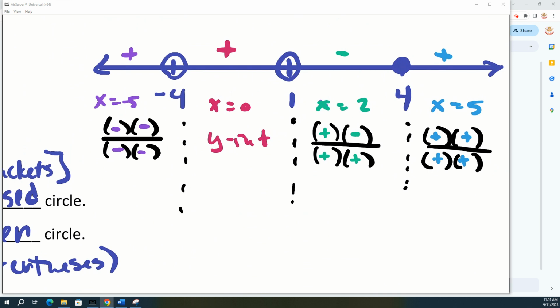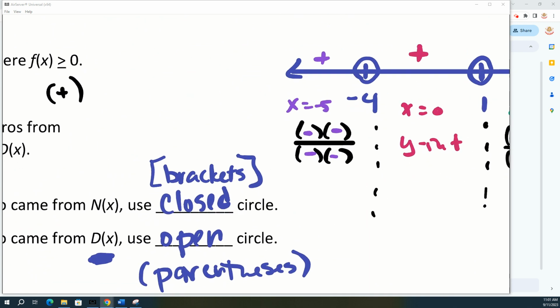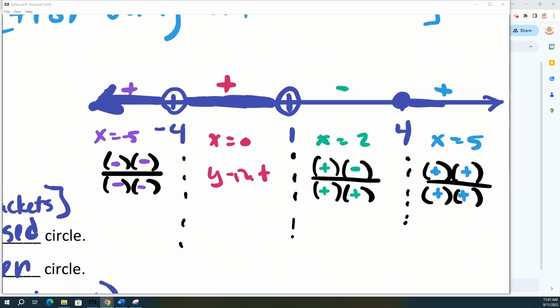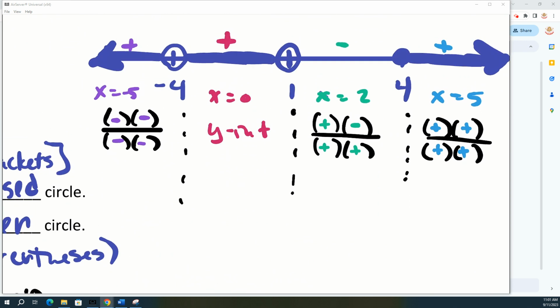All right, so because this is greater than or equal to 0 is what we're looking for, anything that has positive is a solution region. So I'm just going to darken those solution regions. Now we cannot just cross over an open circle. If it's an open circle, it has to break right there. So we have 3 regions that we're going to describe for our solution.